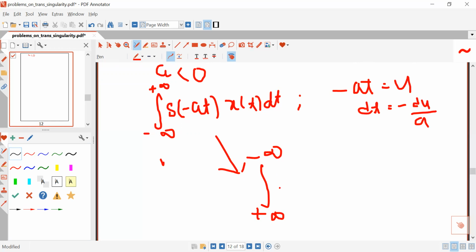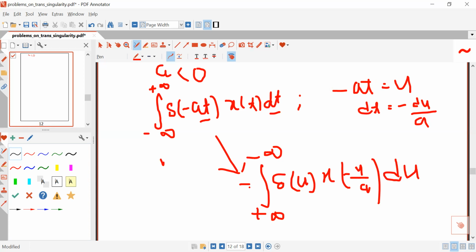Minus at will be u, and from this you can determine the value of t, which will be minus u by a. And this dt will be minus du by a.